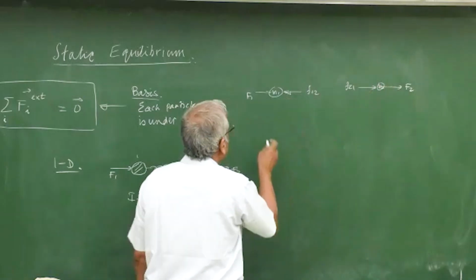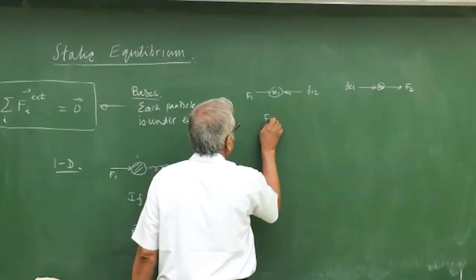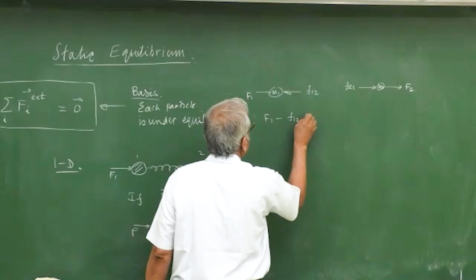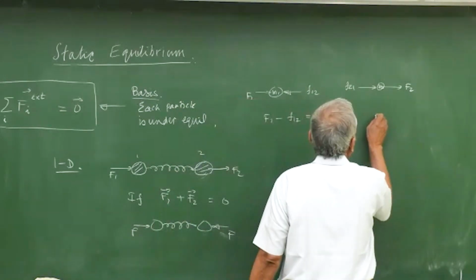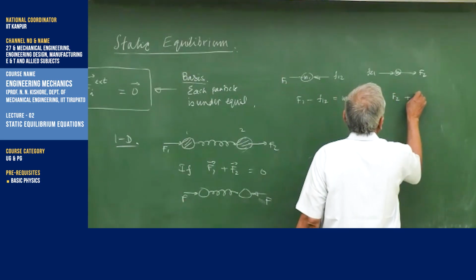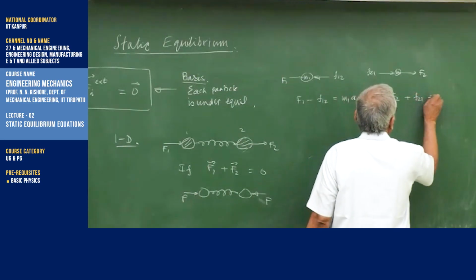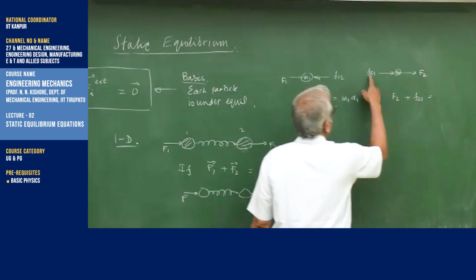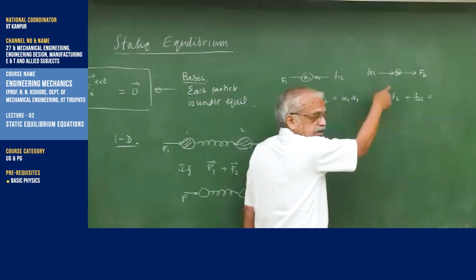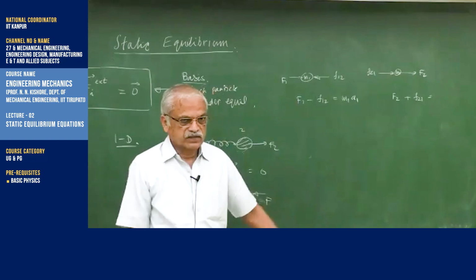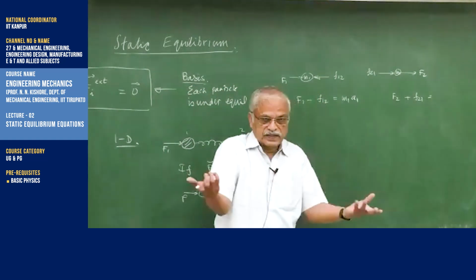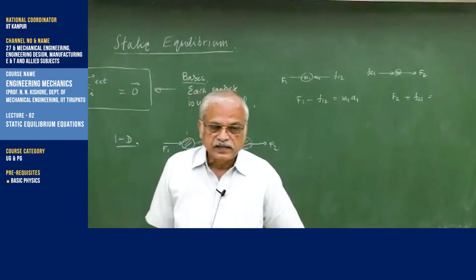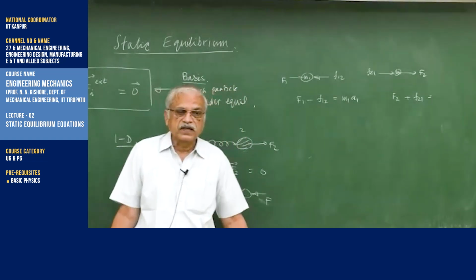So what is that I have? So I have F1 minus F12 is equal to M1 a1, and here F21 plus F2 is equal to M2 a2. In fact, since I'm showing the directions, I can simply replace it by smaller. Okay. So because this has to be equal. So whether it is a spring or a rigid connection, this internal force should be equal and opposite.